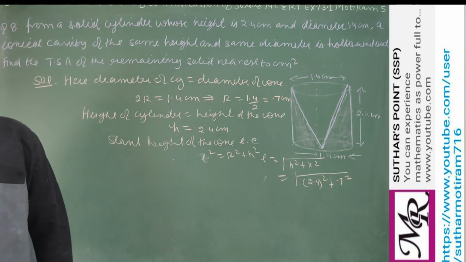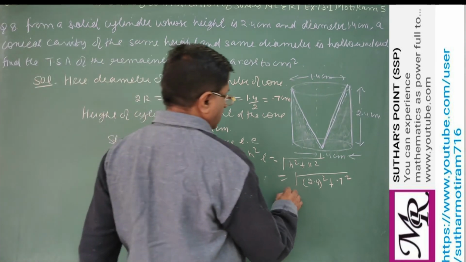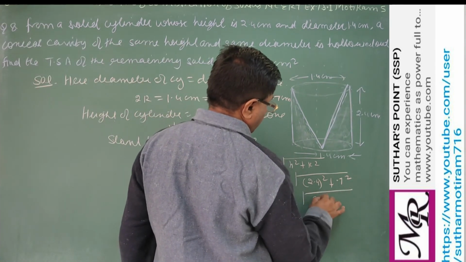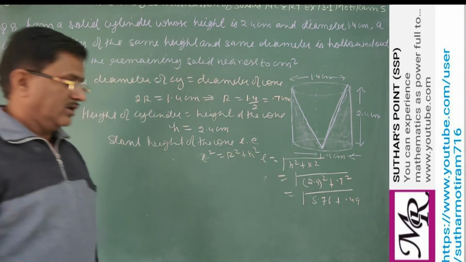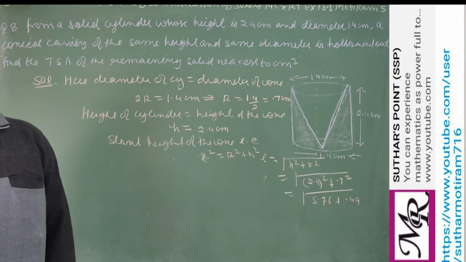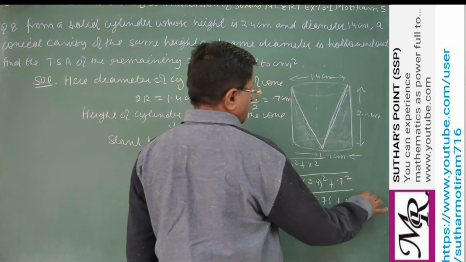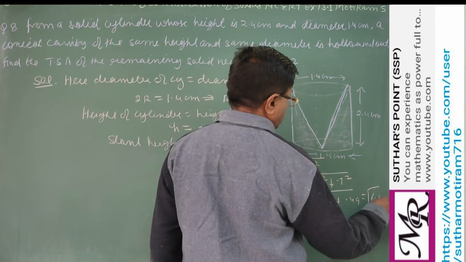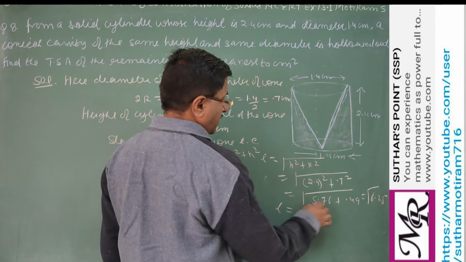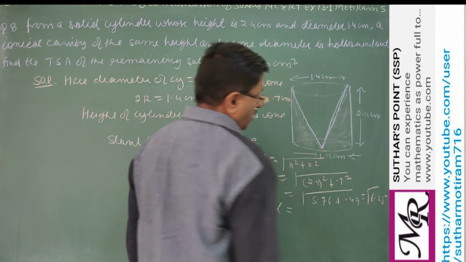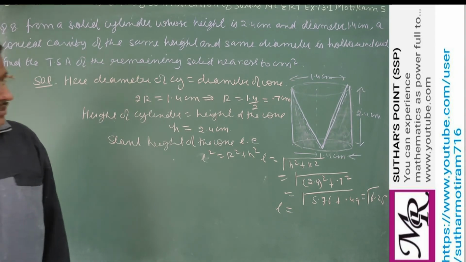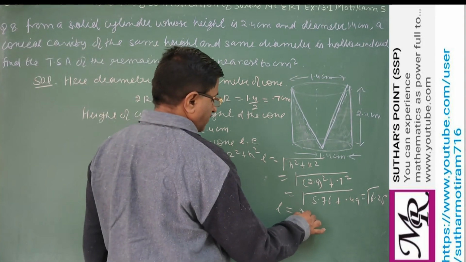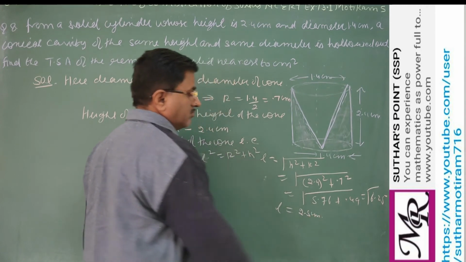Clear. So if you calculate this, 0.7 square is 0.49, 2.4 square is 5.76, plus 0.49. So that will be root of 6.25. So finally you get l as root of 6.25. If you find, that will be approximately 2.5 centimeter.